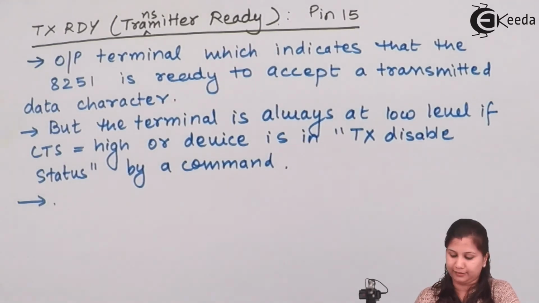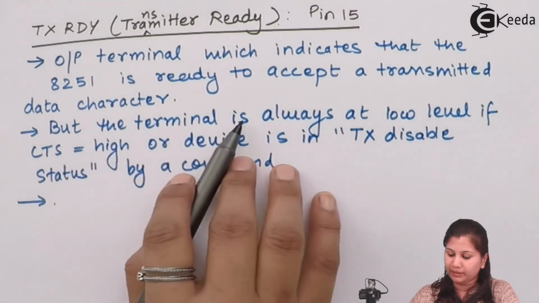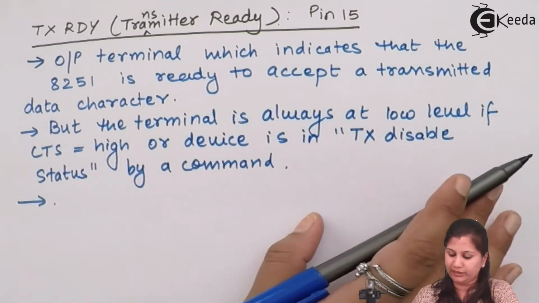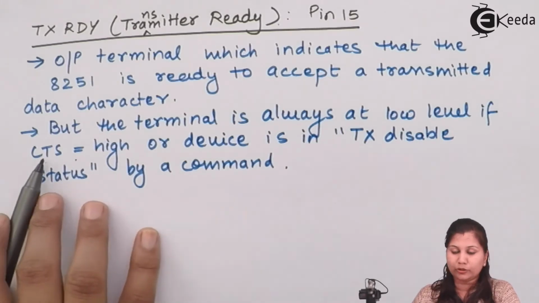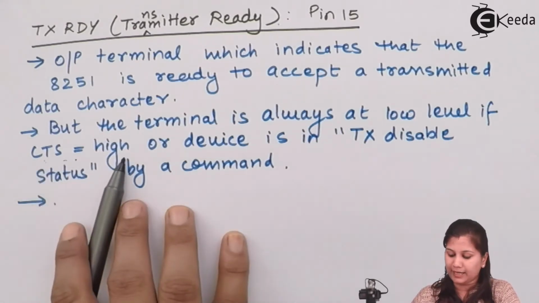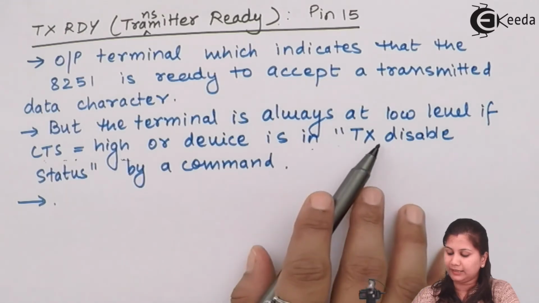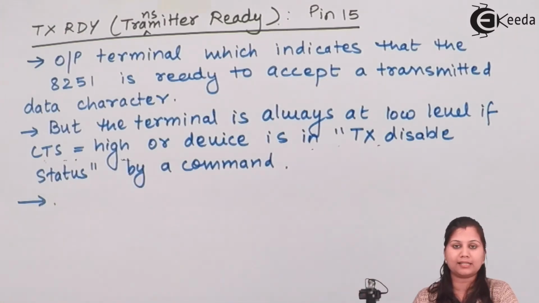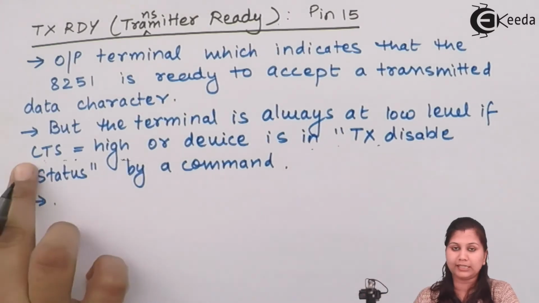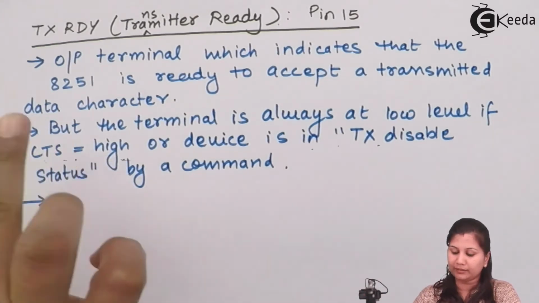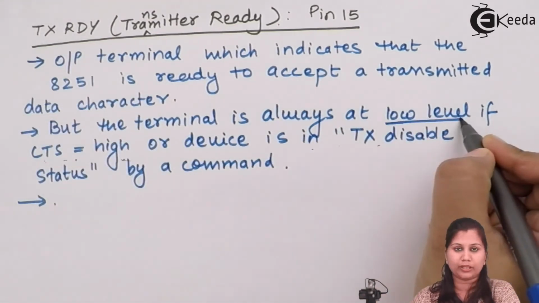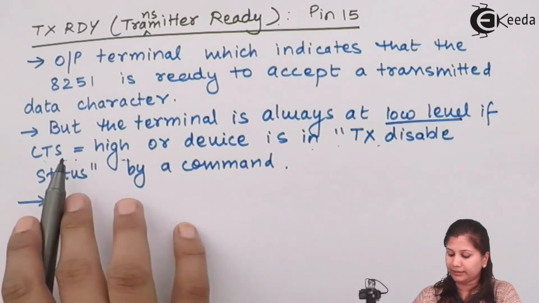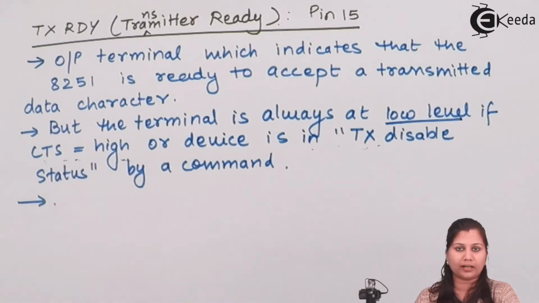transmitted data character. But this terminal is always at low level if the CTS pin, that is the clear to send pin, is at high, or the device is in TX disabled status, meaning that transmission of the data has been disabled. Then TX ready will be at the low level, because this can be done by using a command word.